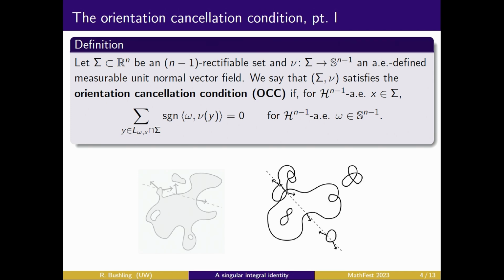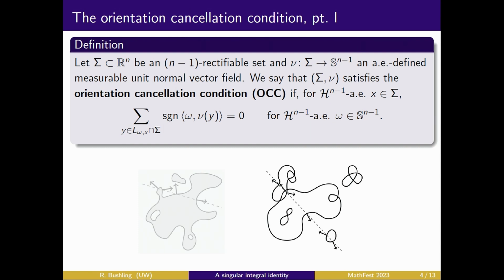And I think it helps to look at a picture here. So here I've drawn this nice n-1 rectifiable set, so a one rectifiable set in the plane. I fired a typical line through the set. Let's imagine it being directed up and to the left. And notice that there are 1, 2, I can't see from this angle. 1, 2, 3 vectors pointing the same general direction as the line up and to the left, and 1, 2, 3 pointing down and to the right.